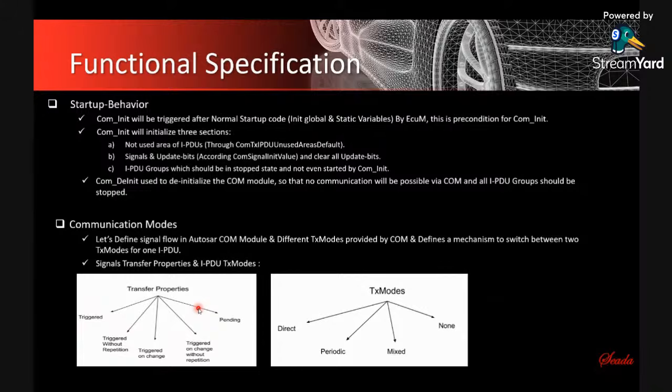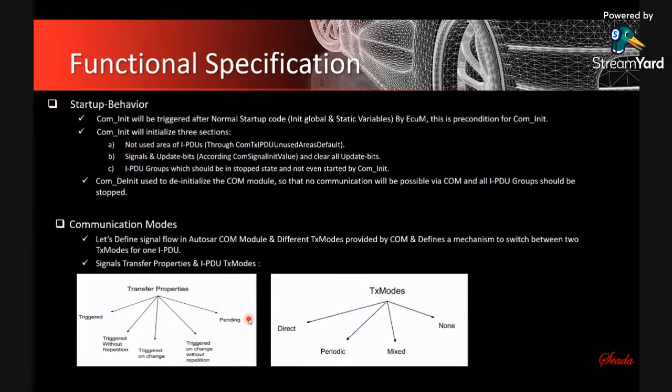What does it mean by change? It means that the value of the signal could change or the length of the signal could change. If one of these happens, it will trigger on a change. So we have triggered on change with repetition, triggered on change without repetition, triggered with repetition, and triggered without repetition. And at the end, pending, which means do nothing, just wait until something happens.